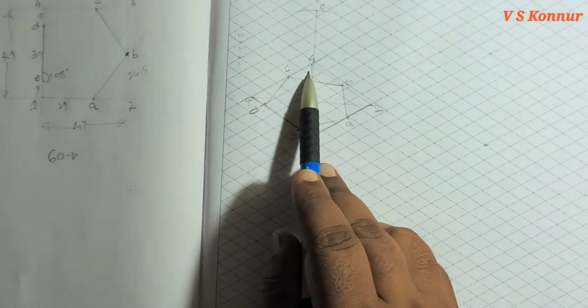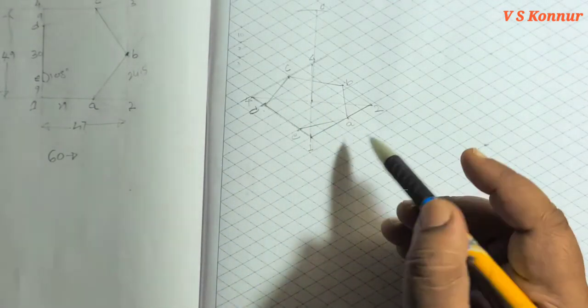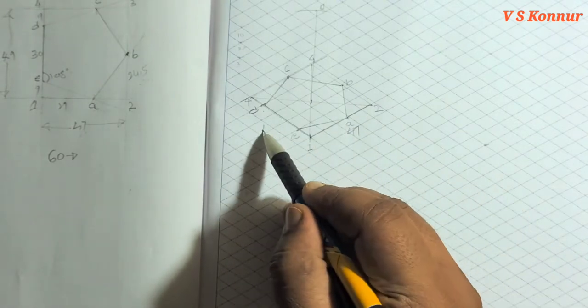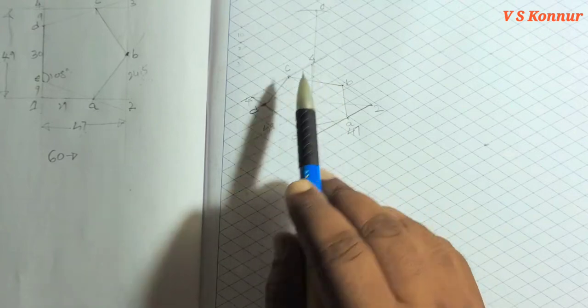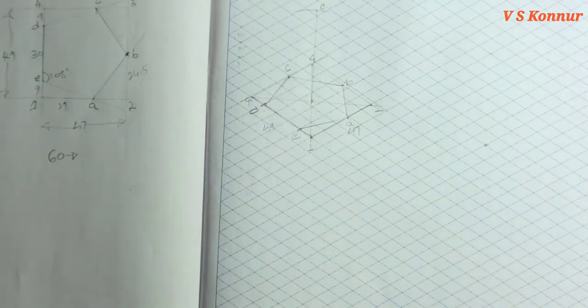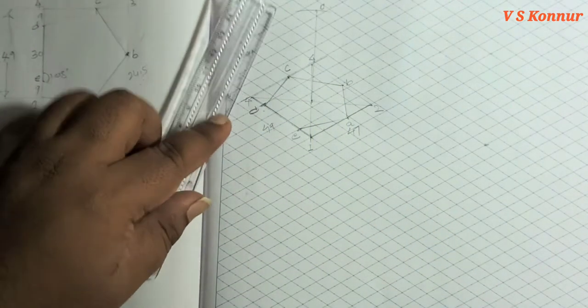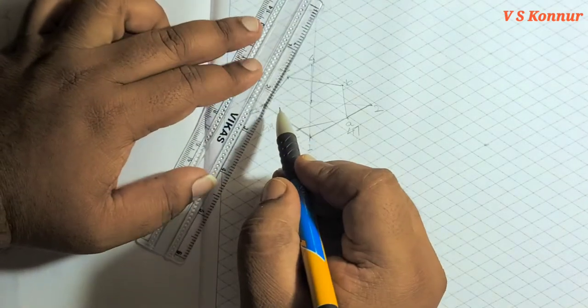So this and this will not intersect because it is having a 47, it is having 49. If these both are equal, then this point and fourth point will coincide. Now it is not coinciding. Now we'll make it a pyramid or a prism. So first we'll make it prism, pyramid.